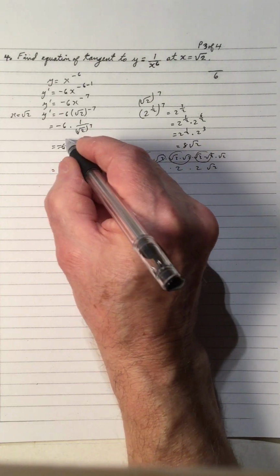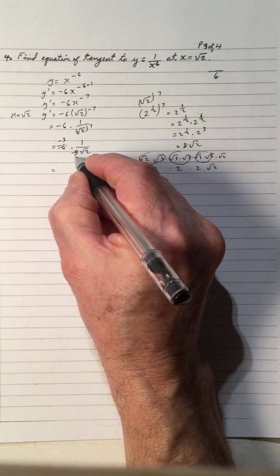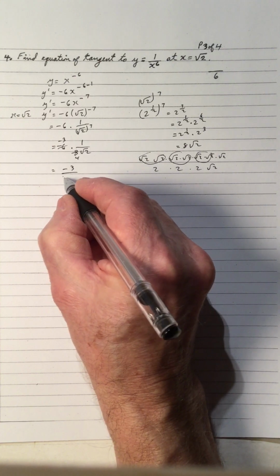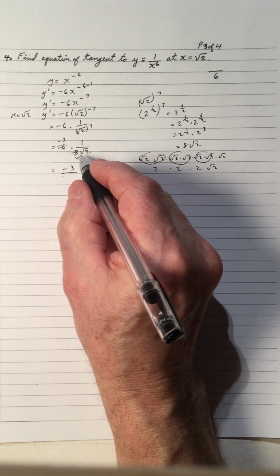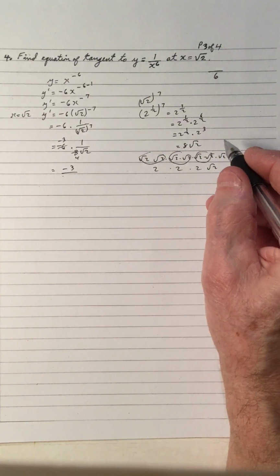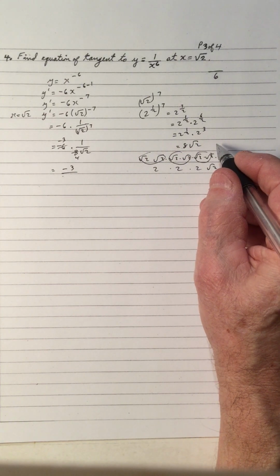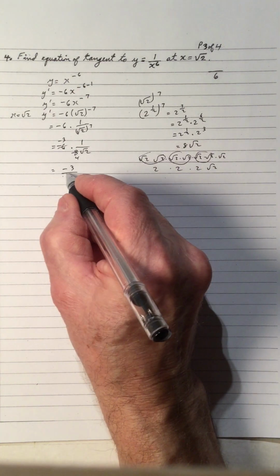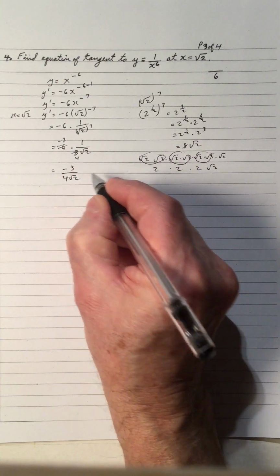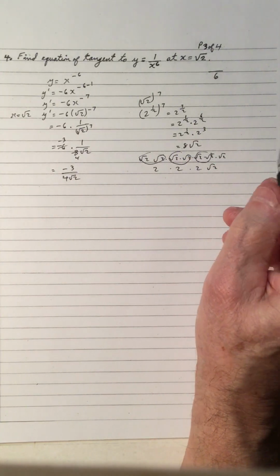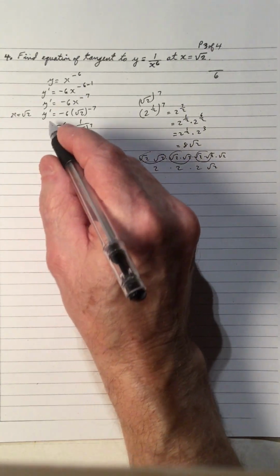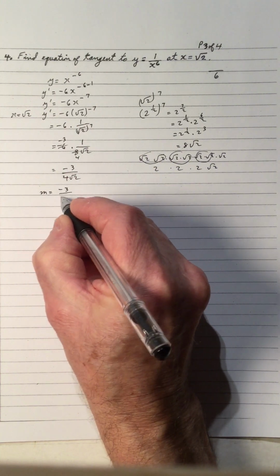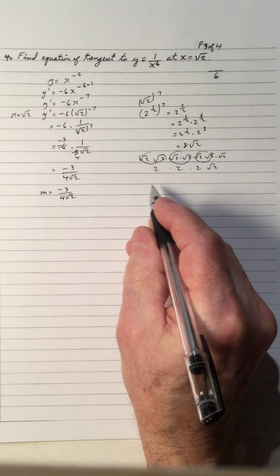So 2 into negative 6 goes negative 3, 2 into 8 goes 4, so that's negative 3 over 4 root 2. So that's the slope: negative 3 over 4 root 2.